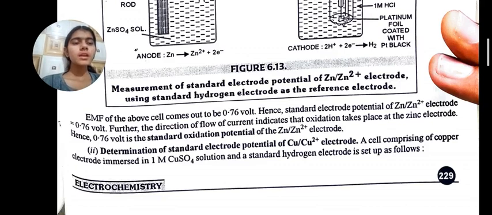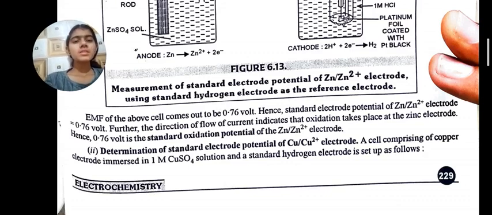Hence, standard electrode potential of the Zn2+/Zn electrode is 0.76 volt. Further, the direction of flow of current indicates that oxidation takes place at the zinc electrode. Hence, 0.76 volt is the standard oxidation potential of the Zn/Zn2+ electrode.